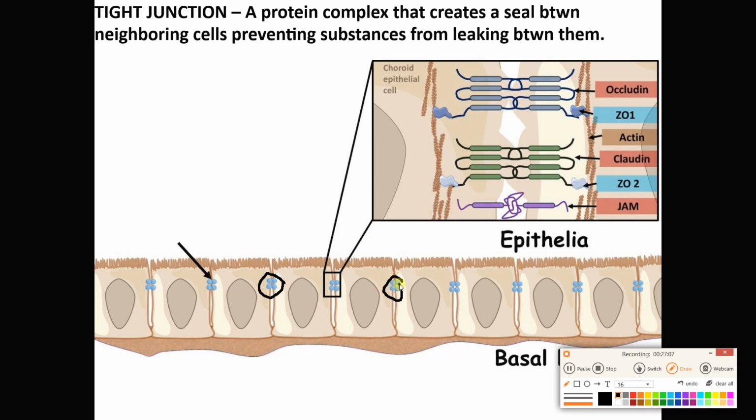Tight junctions are special protein complexes that seal neighboring cells together so that materials that are out here cannot then sneak between cells. This is not allowed. So tight junctions seal neighboring cells together to prevent things from sneaking between them.